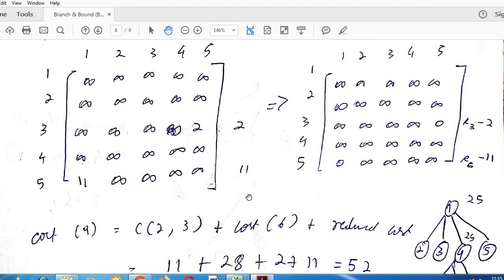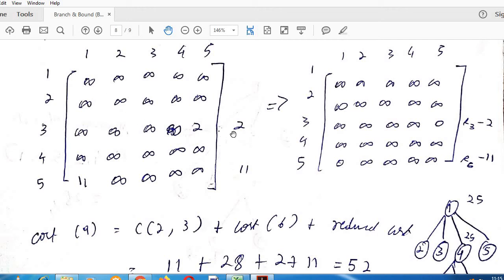So the same minimum value is appearing in the fifth row as well as the first column. So I will consider only one of these. In this column I won't consider 11. I will explain that anyway.